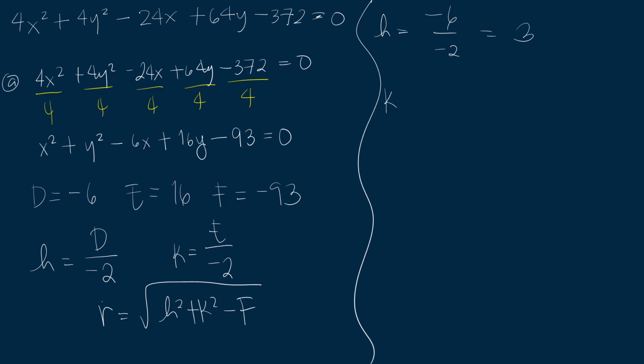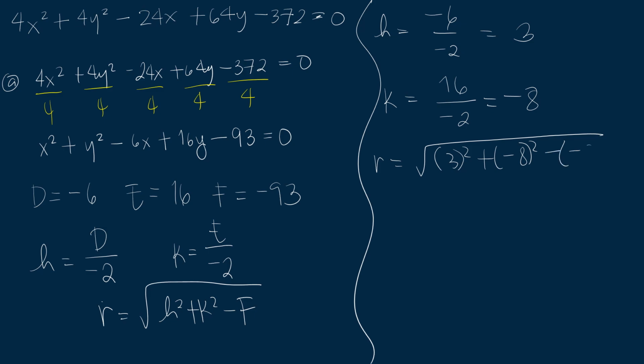And then k would be 16 over negative 2, which will result into negative 8. And your r is equal to the square root of 3 squared plus negative 8 squared minus negative 93. Remember, this is negative 93.